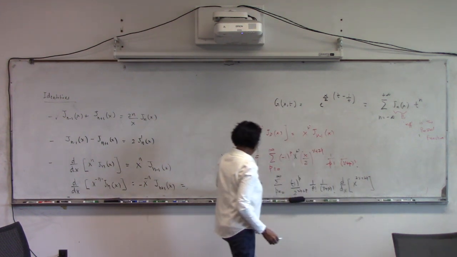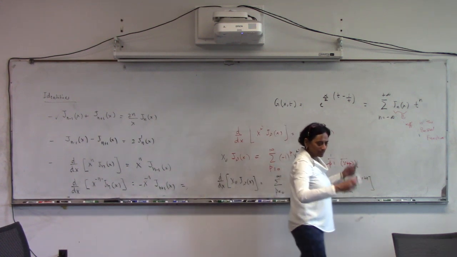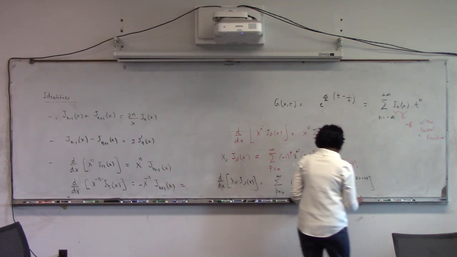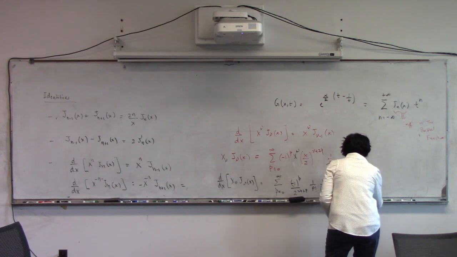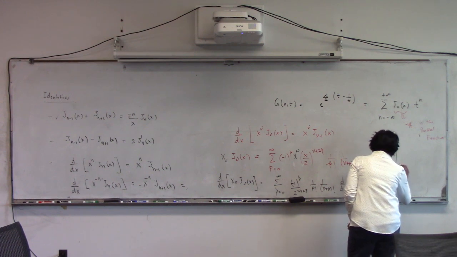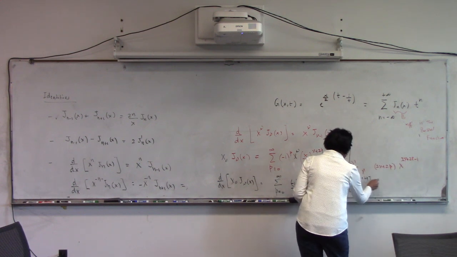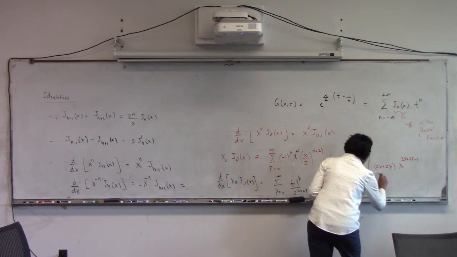Okay. Which is a simple function, right? It's like x power n, so I know how to do that. So this term is nothing but 2 nu plus 2p times x to the power of 2 nu plus 2p minus 1. Okay, so this derivative is nothing but that.